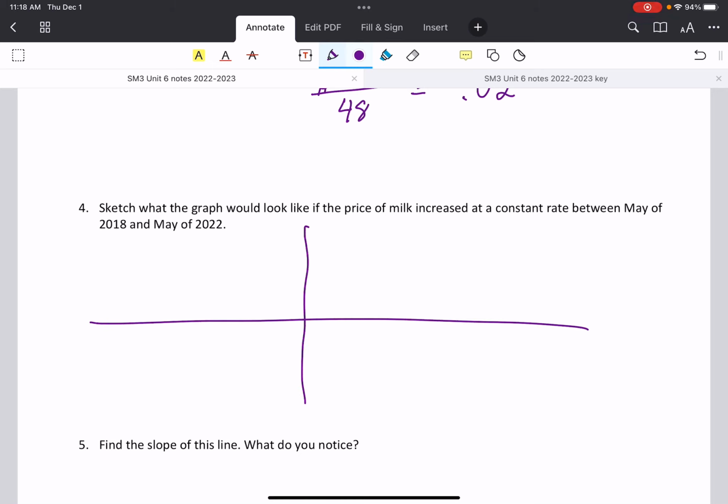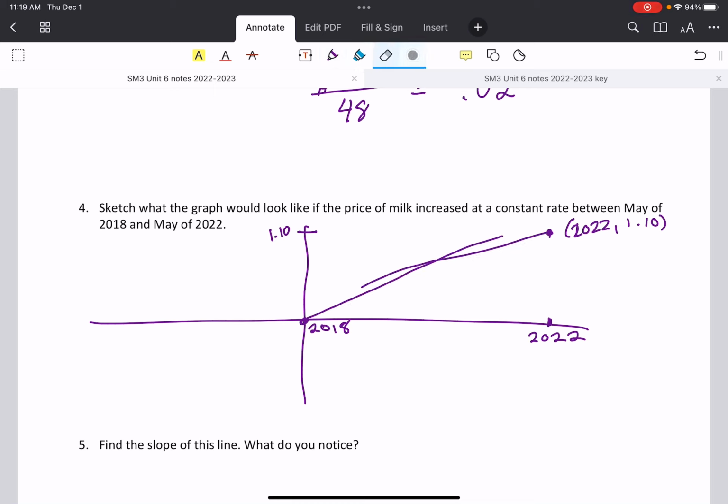If we start at 2018, we go to 2022, $1.10, right? This is what it would look like.